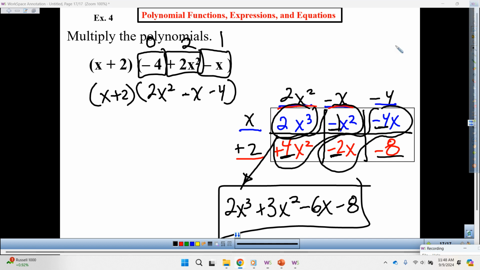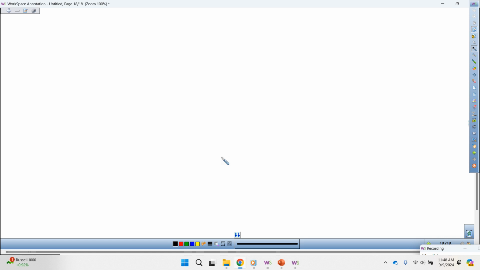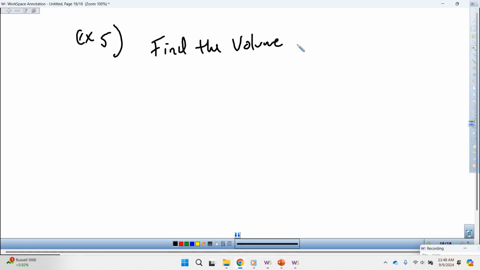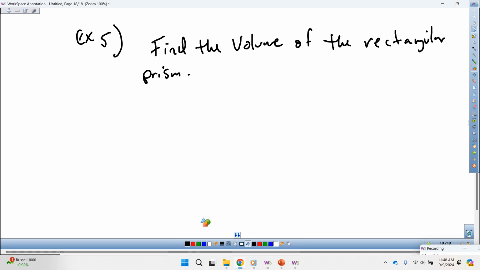So, example 5. Copy this, example 5. Find the volume of the rectangular prism. So, start with a rectangle.